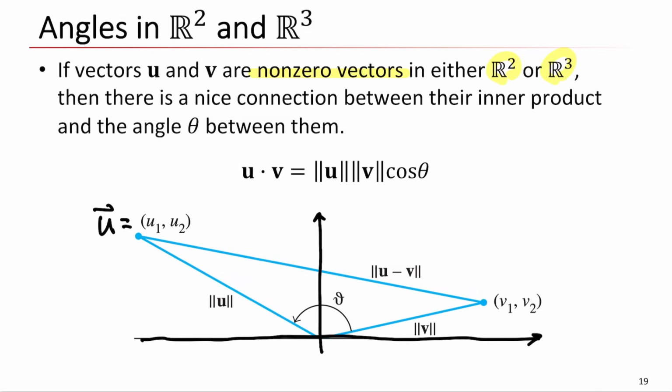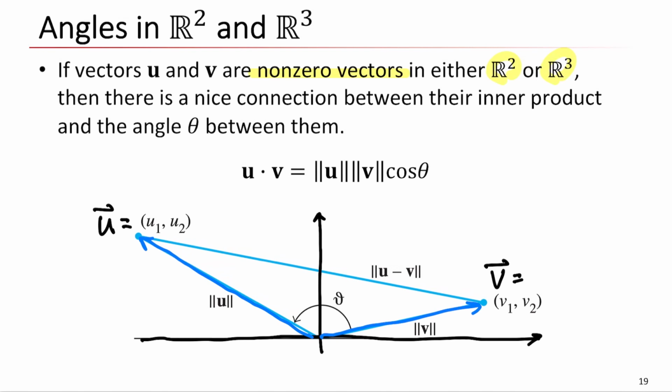This is the vector u, which consists of the two entries u1 and u2, and vector v with v1 and v2, right? So this is the vector u, and this is the vector v.